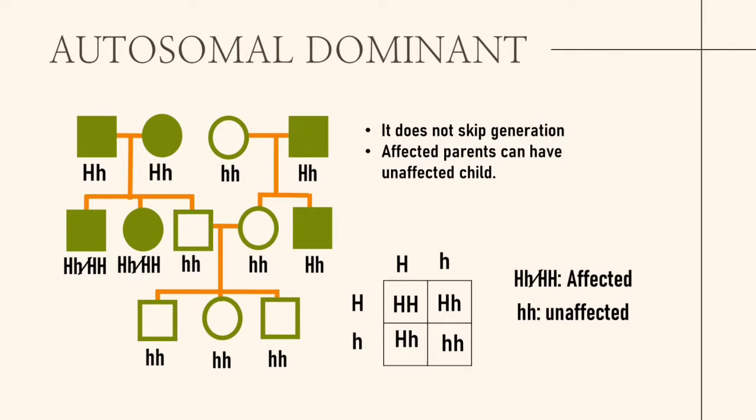So again, affected lolo and lola, nagkaroon sila ng mga anak na 2 affected child and 1 unaffected child. Okay? So in probability, 75% will be the chance or the probability in having affected child, 25% will be the probability or the chance in having unaffected child. Okay?